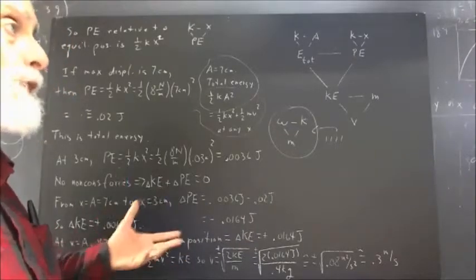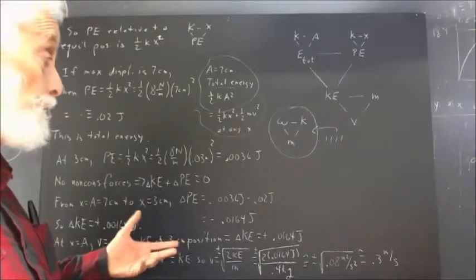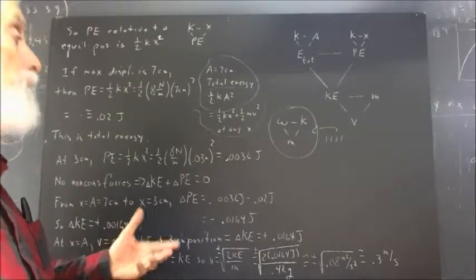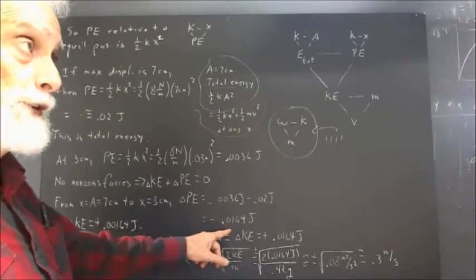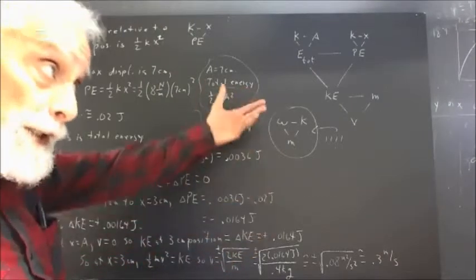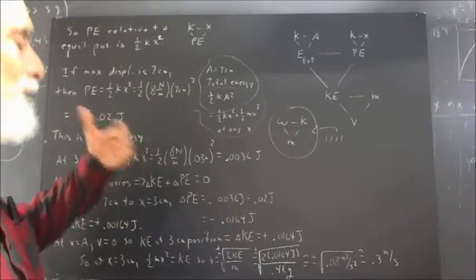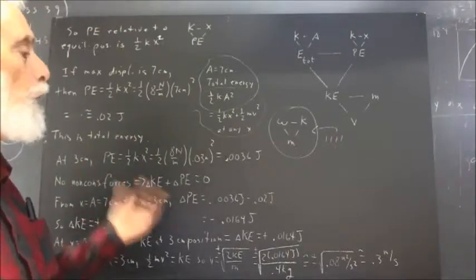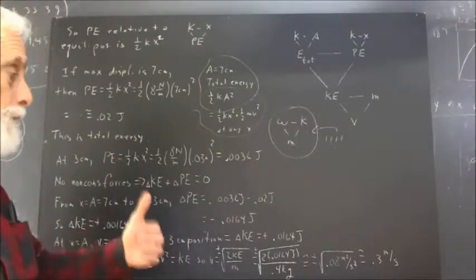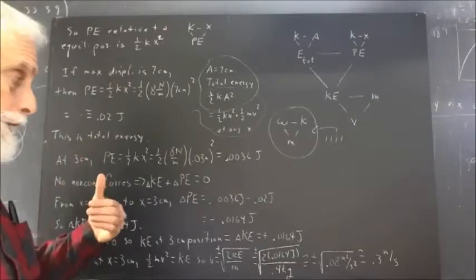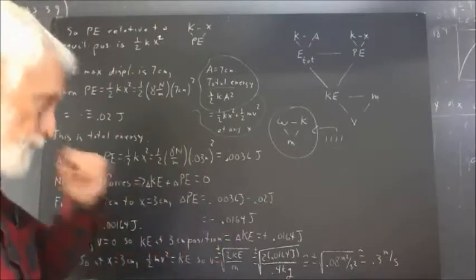There are no dissipative, no non-conservative forces, so the loss of potential energy is accompanied by an equal and opposite gain in kinetic energy. A loss of potential energy is equal to a gain in kinetic energy, the gain being of the same magnitude as the loss.